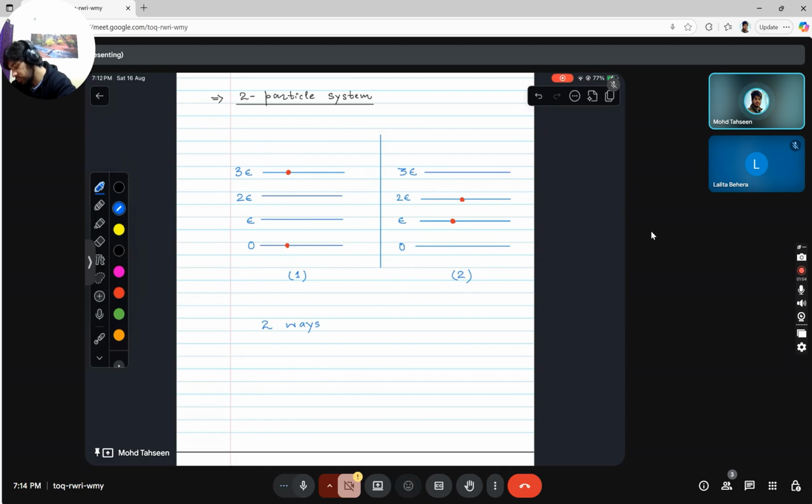What about this microstate? It's the same argument here. I know that I have to fill one particle here, but I have two choices, because now my particles are distinguishable. So this can also be filled in two ways.